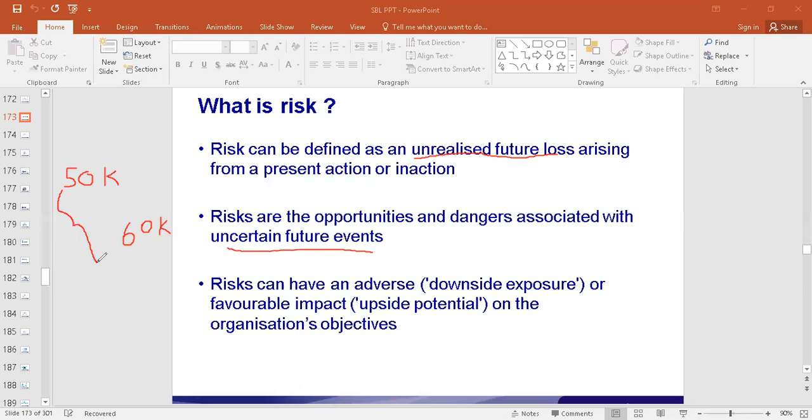So risk should not always be looked at as an adverse thing. It's not always a negative thing. It could also be positive. The only fact that there is a variation is referred to as risk. With some kind of uncertainty, there's some kind of variation from what is anticipated, from what is expected. That is referred to as risk. So risk could be both downside and upside, unfavorable or favorable.